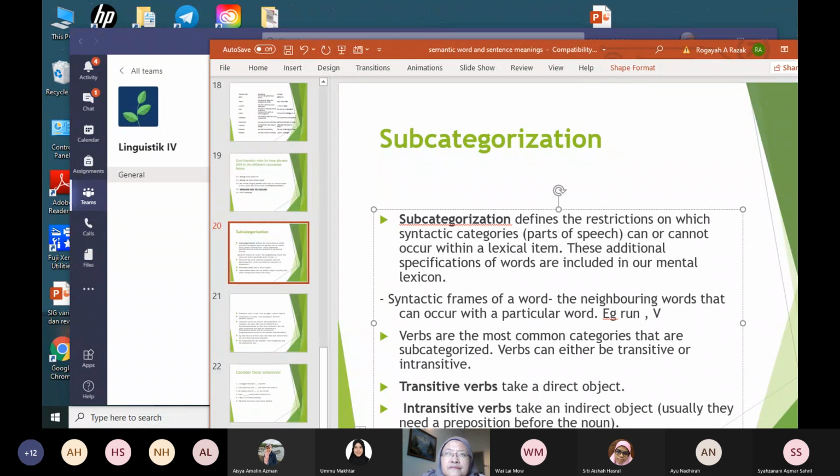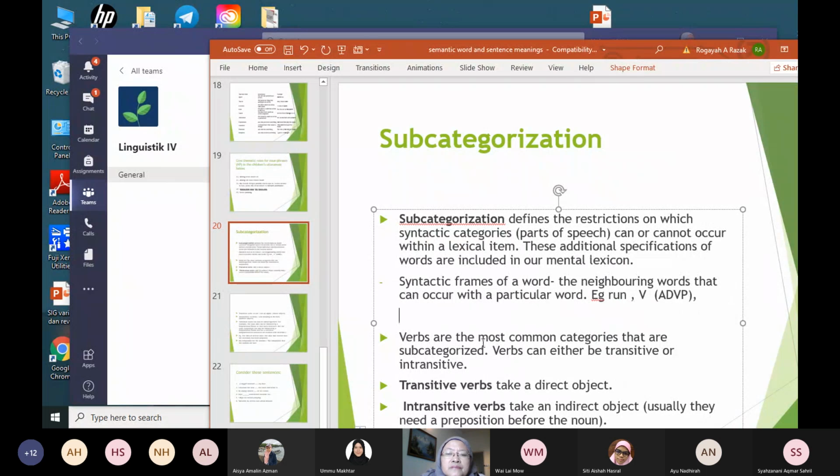But you can have an adverbial, for example, run in the field. So you could have an optional adverbial phrase. And then you have the subcat for eat, let's say. Verb, and then it will have a noun phrase.